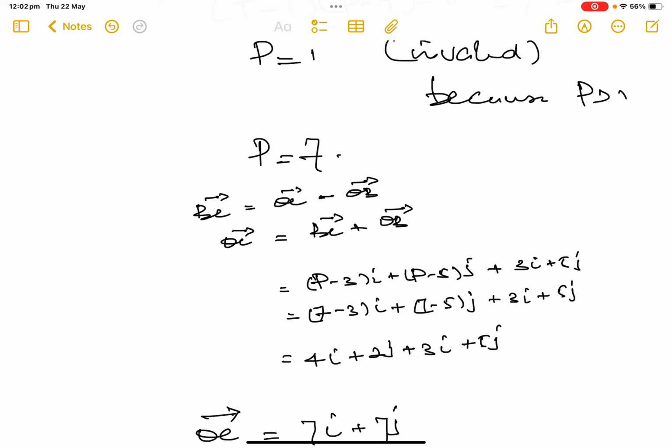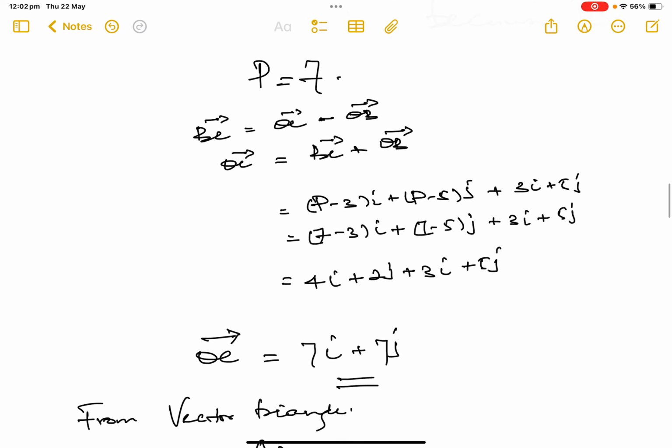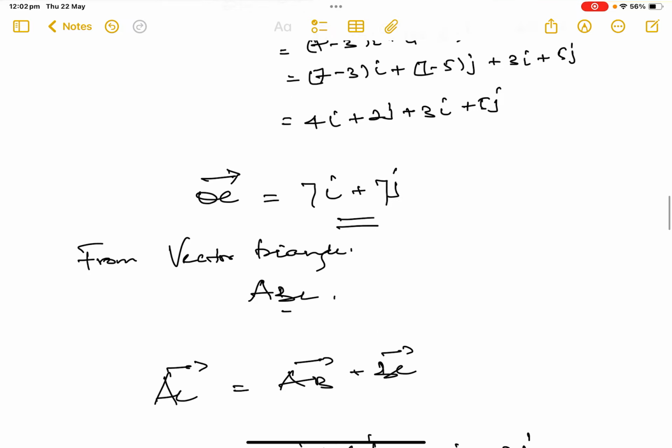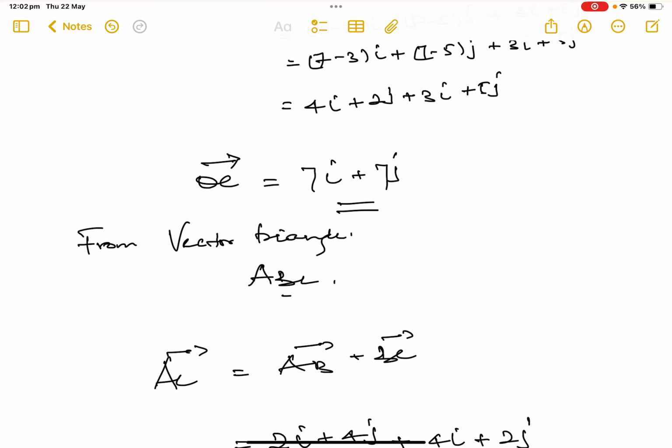P we have found now, p is 7, so (7 minus 3)i plus (7 minus 5)j plus 3i plus 5j. Simplified, 4i plus 2j plus 3i plus 5j. Then if you simplify further, that is 7i plus 7j, that is OC. The position vector of C is 7i plus 7j.